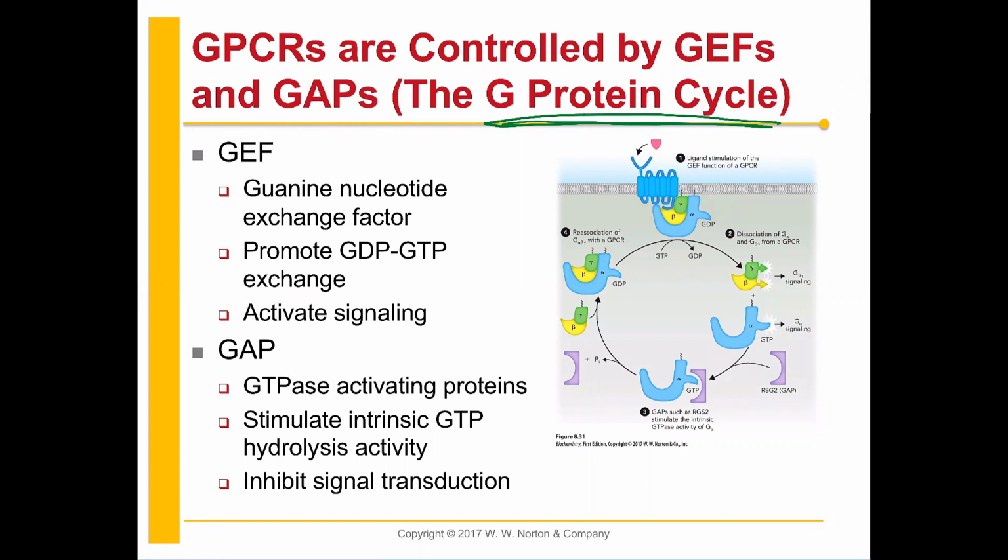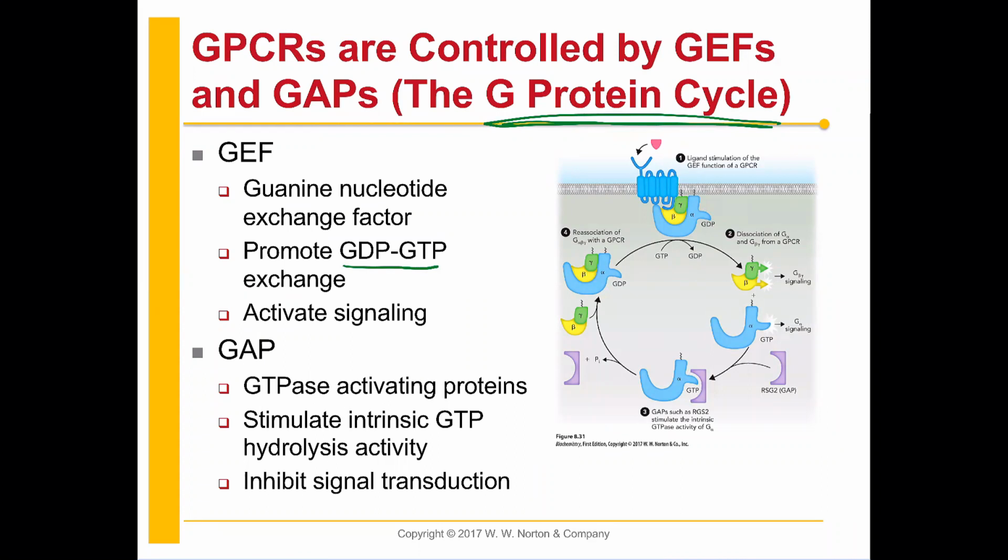So our G protein cycle is really the sequential stimulation by 2 different things, GEFs and GAPs. What are they? GEFs are guanine nucleotide exchange factors, and these promote the conversion from GDP to GTP. They activate our signaling, and that's exactly what we saw in that animation.